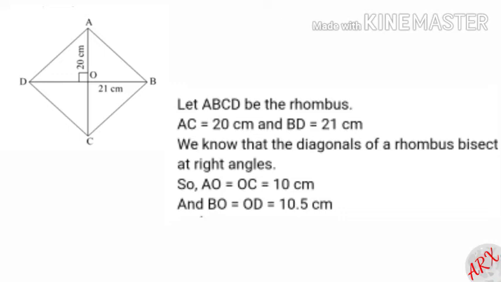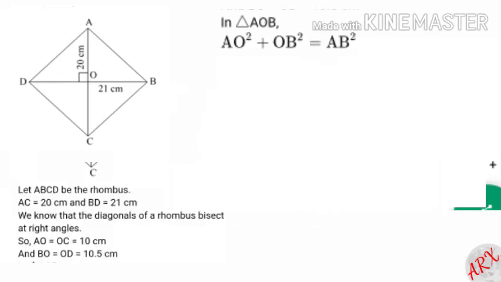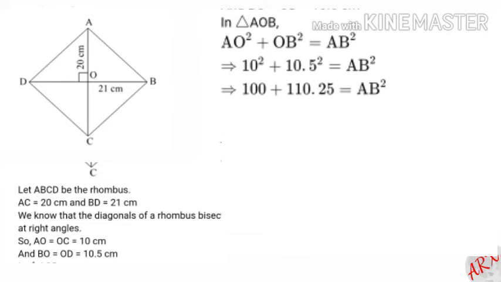half of 21 centimeters. Now in triangle AOB by Pythagoras theorem, AO square plus OB square equals AB square. After putting values we get 10 square plus 10.5 square equals AB square. After solving we get 100 plus 110.25 equals AB square. So AB square equals 210.25.